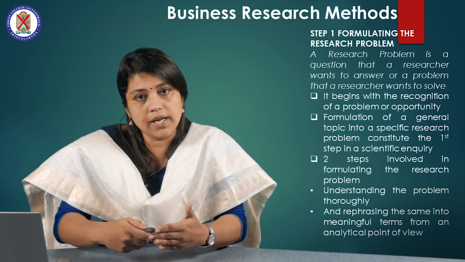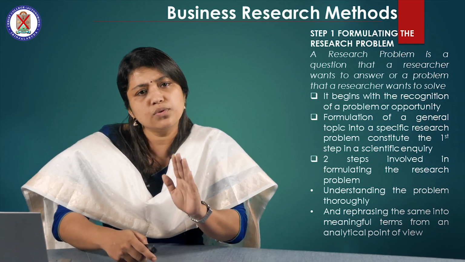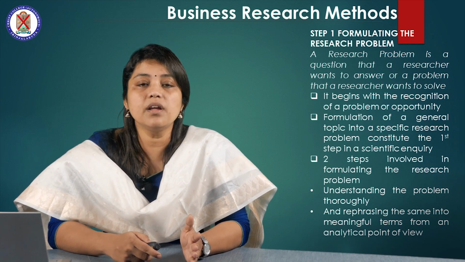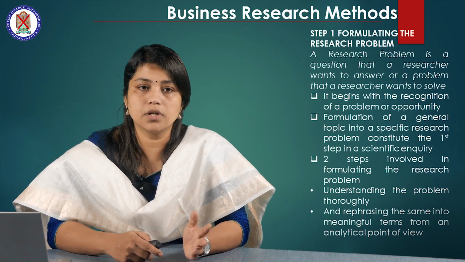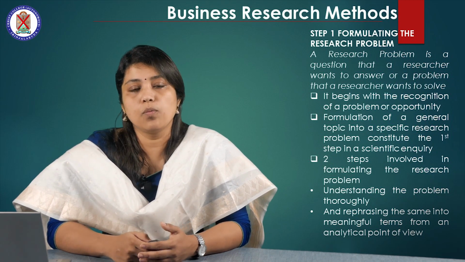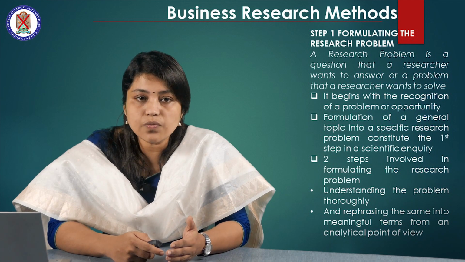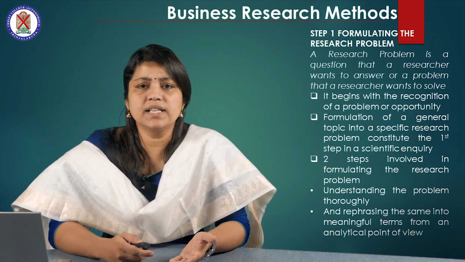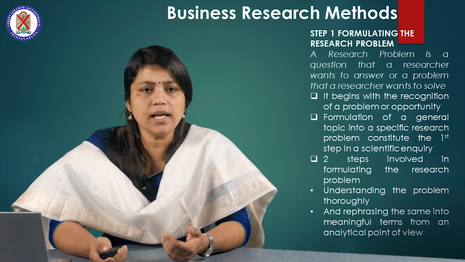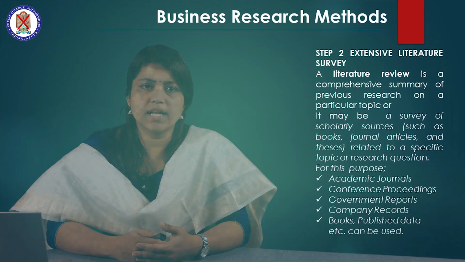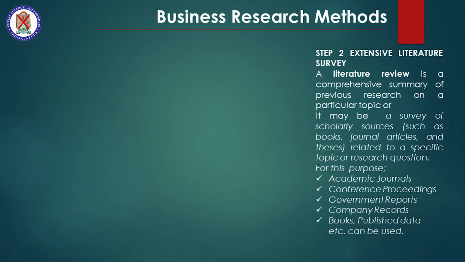That means if you are trying to formulate a research problem, you need to know two simple steps: understanding the problem thoroughly and rephrasing the same into meaningful terms. The best way of understanding the problem is to discuss it with one's own colleagues or with those having the same expertise in the subject matter. Now we'll move on to the second step, that is extensive literature survey.